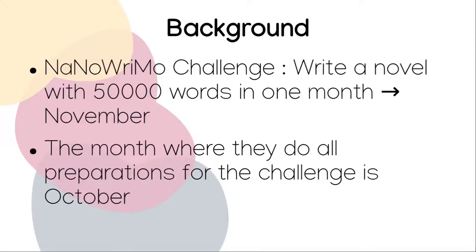So in the writing community, there is something called NaNoWriMo, which is the short form of National Novel Writing Month, and there is a challenge that takes place every November. The challenge is to write a book, basically with 50,000 words in it, in one month, in the month of November.